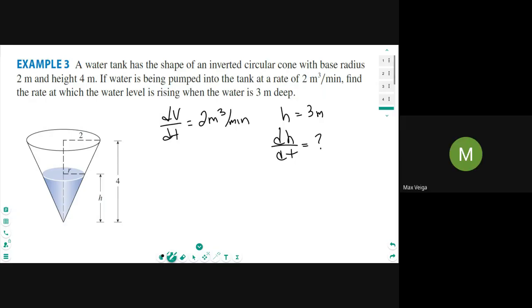Do you need the volume of a cone? Volume of a cone, yes. So it's pi r squared h over 3. Yep. Thank you. So that's the volume of an inverted circular cone.